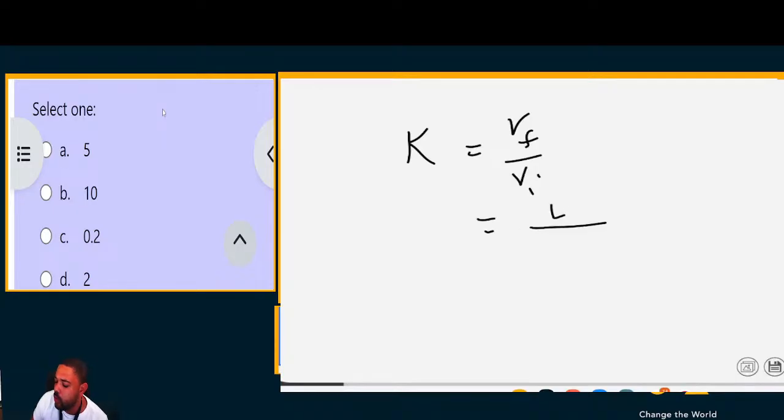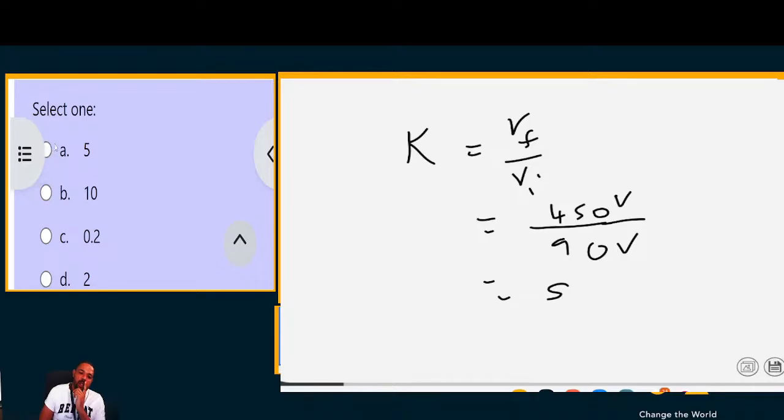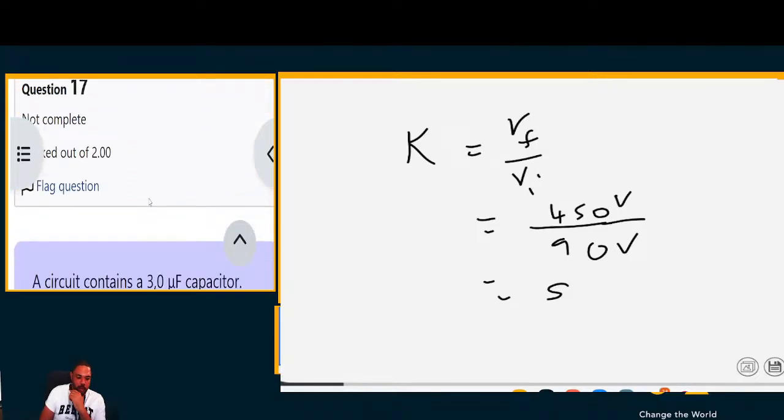Just some math: 450 volts divided by 90 volts gives you 5. So 5 is the calculated value of the dielectric constant. Let's check. 5, check. The correct answer is 5.